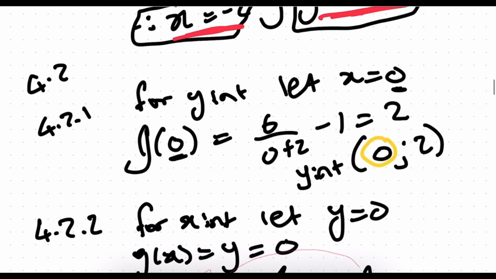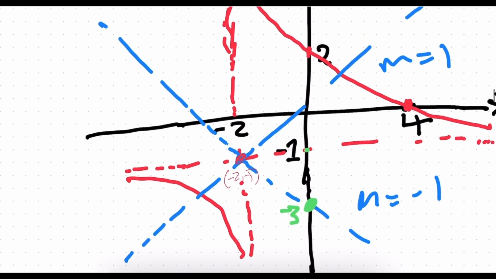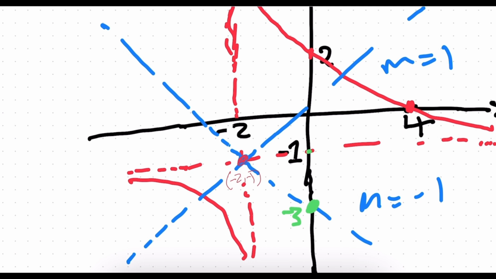Okay. Let's go back to our drawing. Where is our graph greater than or equal to the line of symmetry? Okay, where is that?